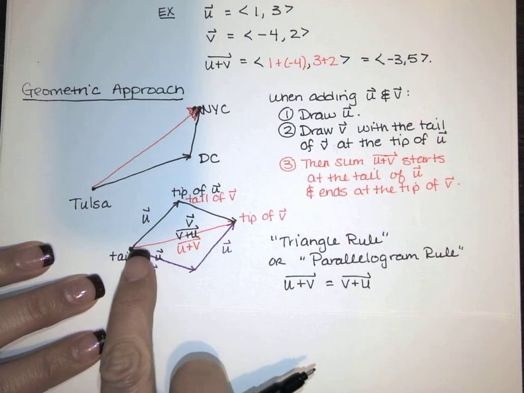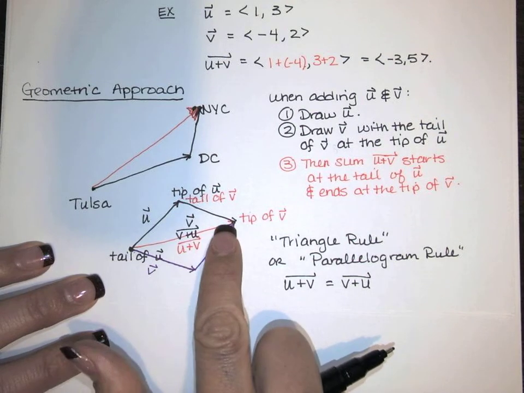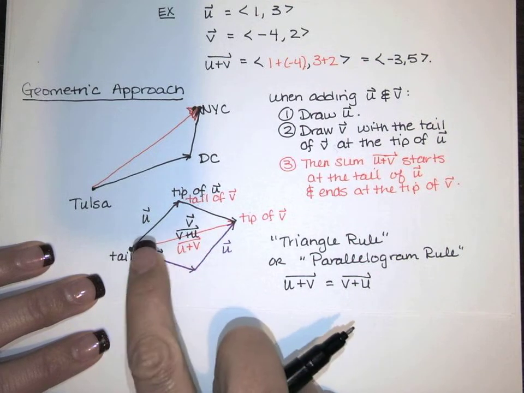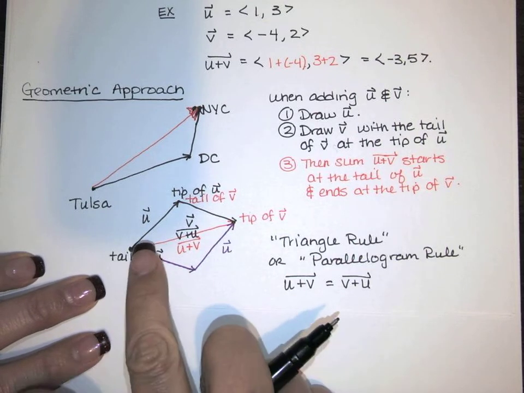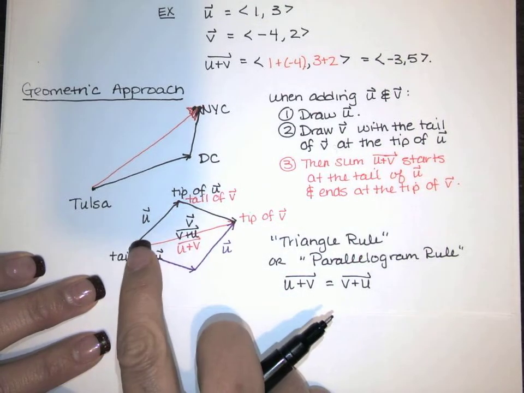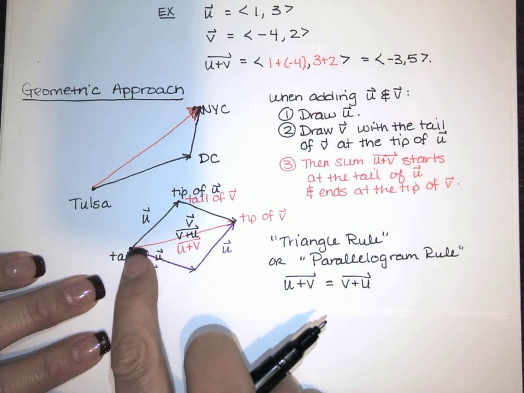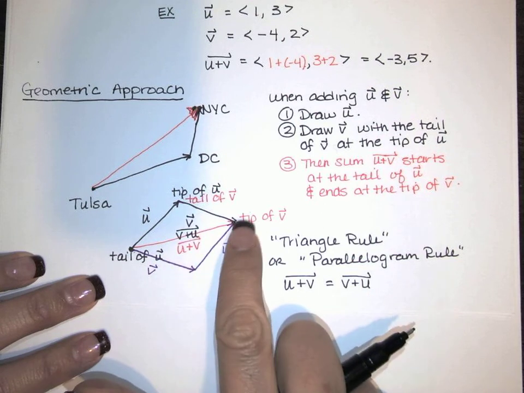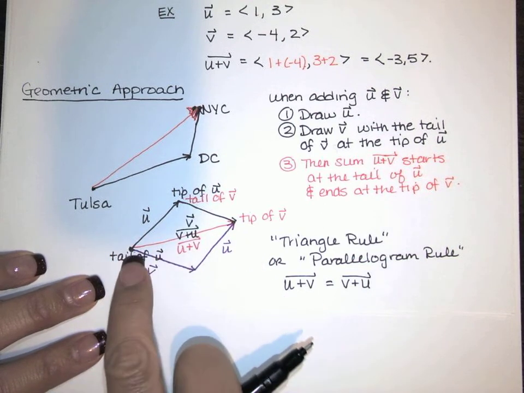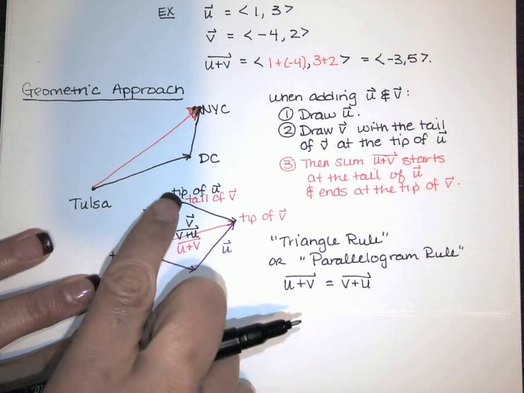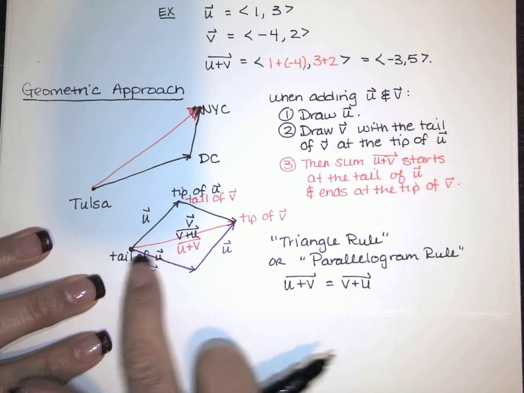But you see, if you've got u and v as adjacent sides in this parallelogram, the sum u plus v is like this. Now it's very important that it fits this pattern. We have to draw it this way, going from here to here and then here to here. If those arrowheads were at the same location, or if both tails were at the same location like they are here, u plus v is not that diagonal, it's only this one.